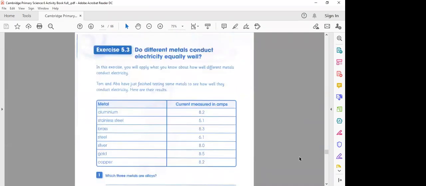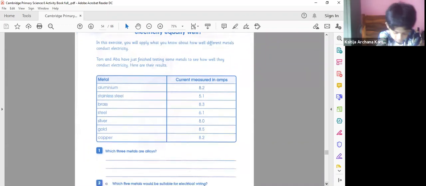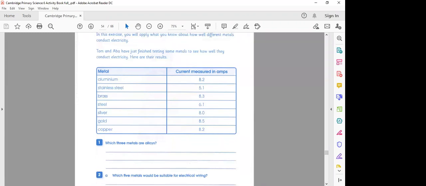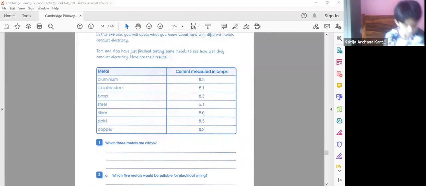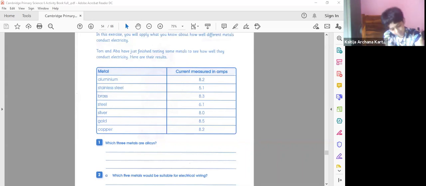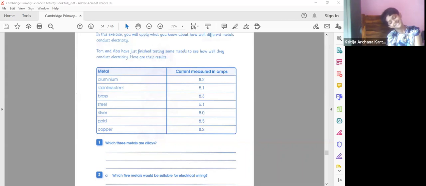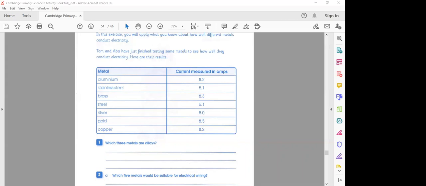Have you done this? Yes, ma'am. Tell me your answer. Ma'am, for all the questions, first one: copper, stainless steel, and aluminium are alloys. Are you sure? Copper is an element, my dear.